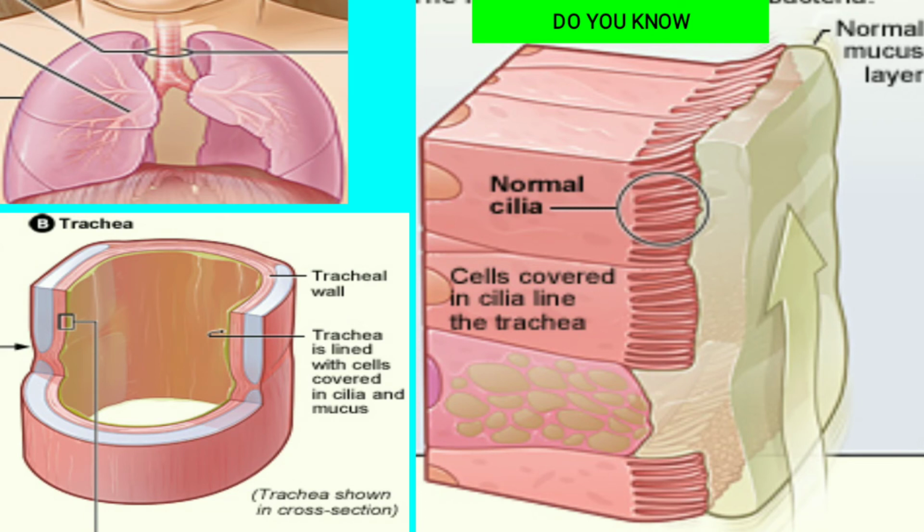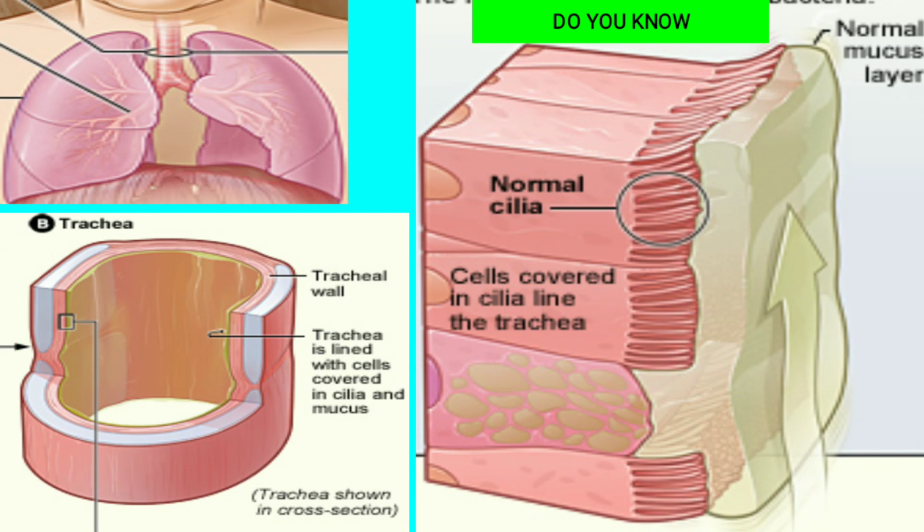Now when you cut your trachea open, when you open your windpipe, it looks like this inside lining. This inside lining is fully covered with hair-like structures. All hair-like structures are lined up over here. What is that hair-like structure known as? Cilia.